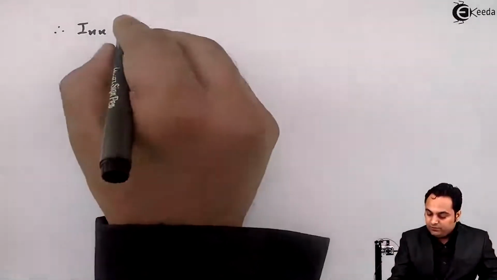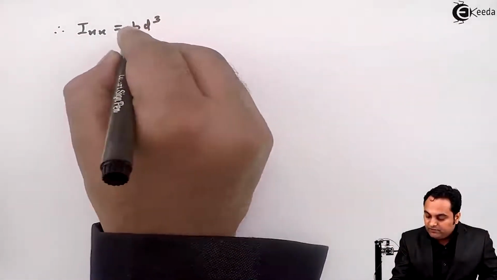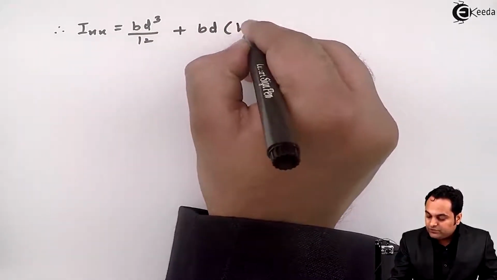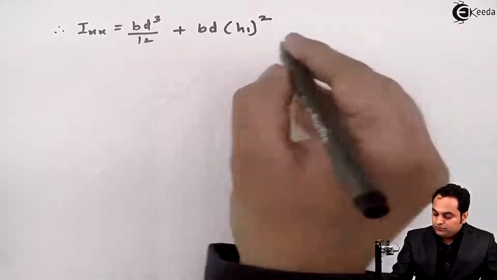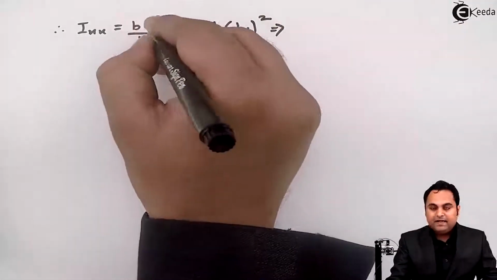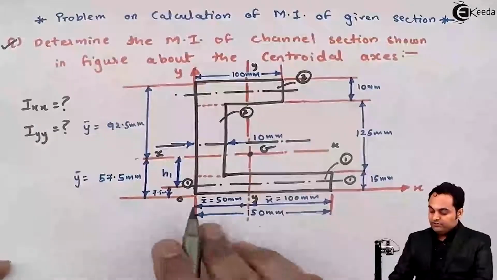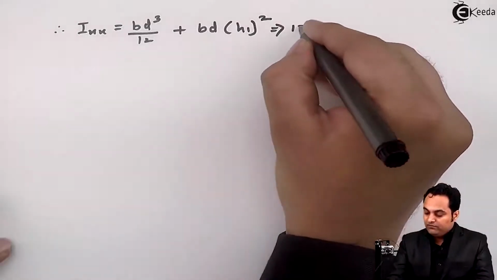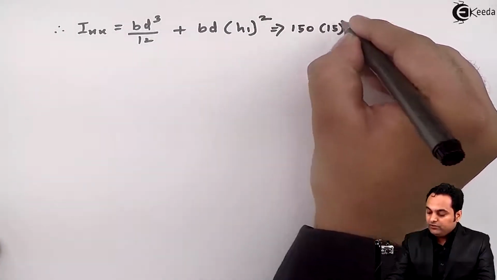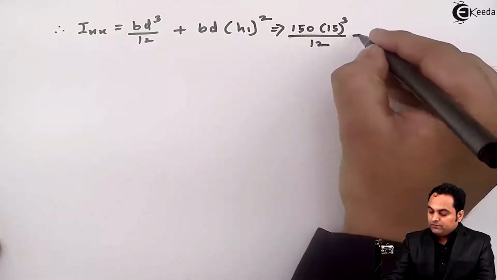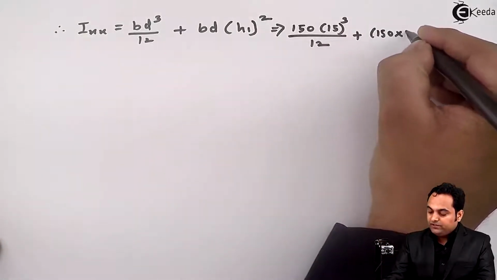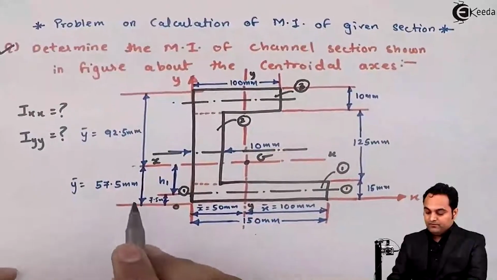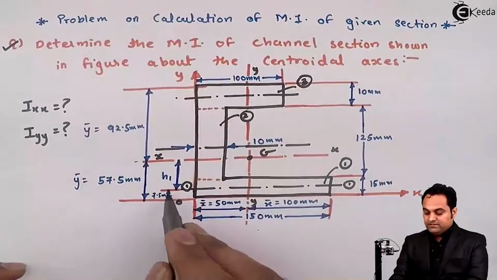So Ig1 is equal to bd cube by 12, plus area 1, which is b into d, into h1 square. What is b here? For the first rectangle, b is 150 and d is 15. So 150 into 15 cube by 12 plus 150 into 15 into h1 square, where h1 is 57.5 minus 7.5.